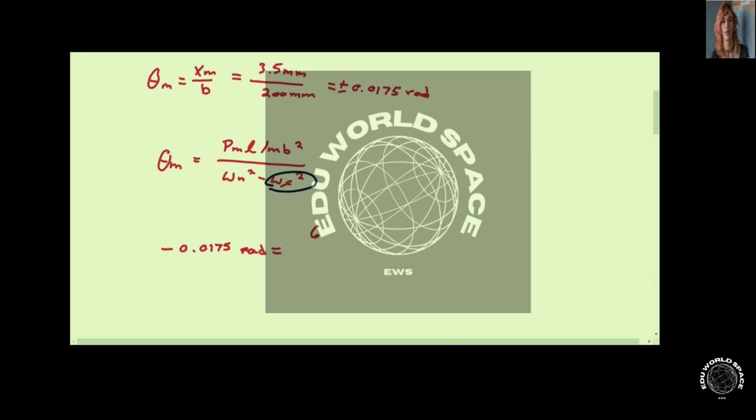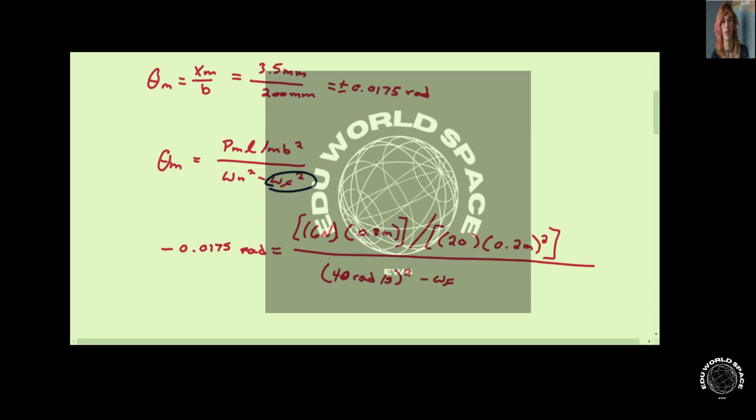Equals, radians equals 6 newtons times 0.8 meters, divided by, and we're just going to put this all in brackets, 20 kilograms times 0.2 meters squared, and this whole thing is going to be in brackets as well, over 40 radians per second squared minus omega F squared.